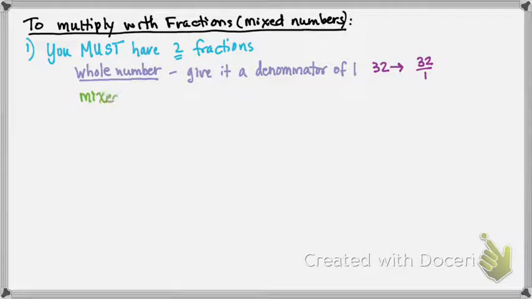All right, what if we have a mixed number? Well, remember on our other notes, we showed you how to convert a mixed number to an improper fraction. And so that's our job, to convert a mixed number to an improper fraction.